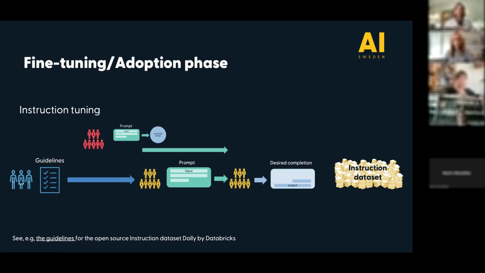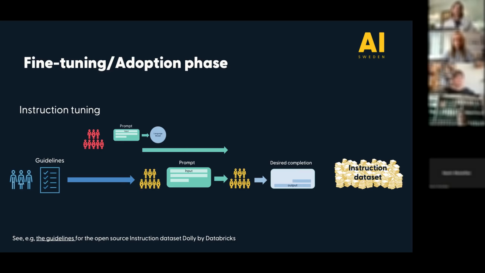To achieve this, one method is to further train the pre-trained models on so-called instruction data. This step is called instruction tuning, and it basically works like this. You have the developers who define guidelines. These guidelines could, for example, include that you always want the model to respond in a polite way, to talk in a friendly and approachable manner, and so on.